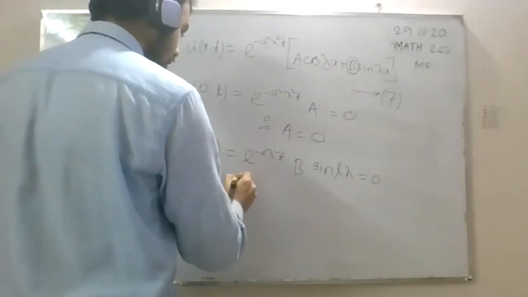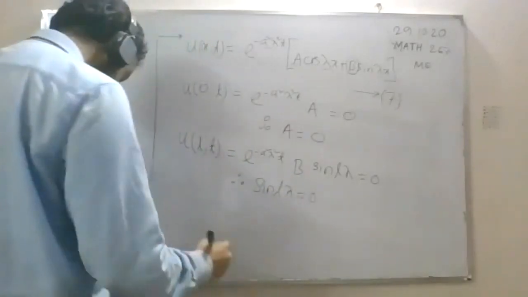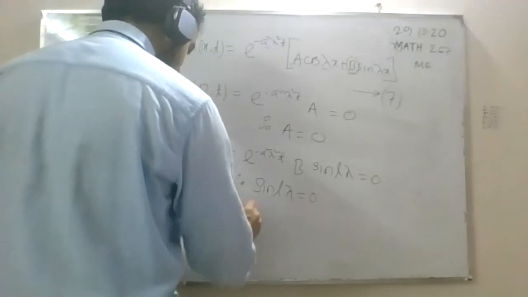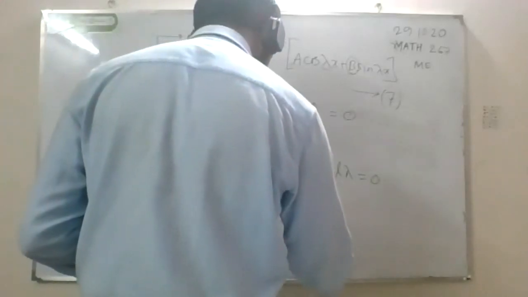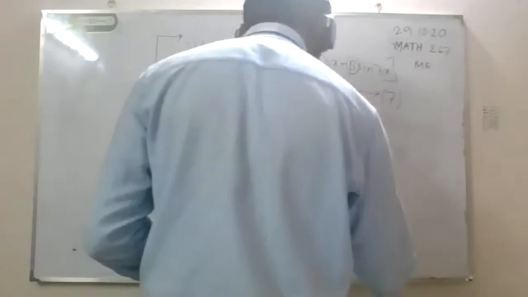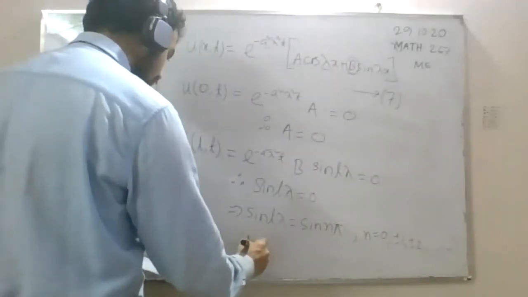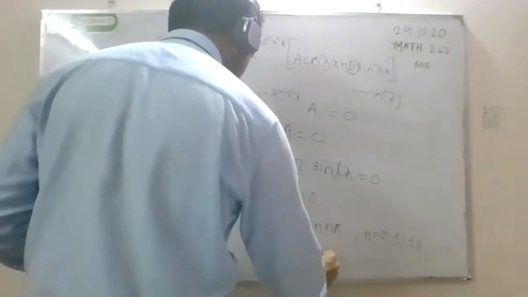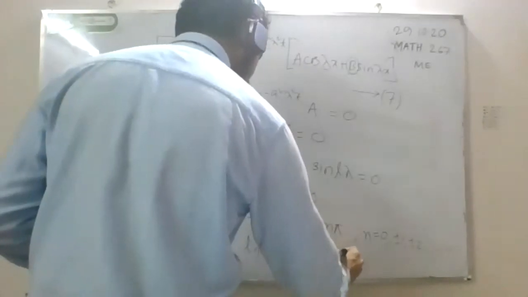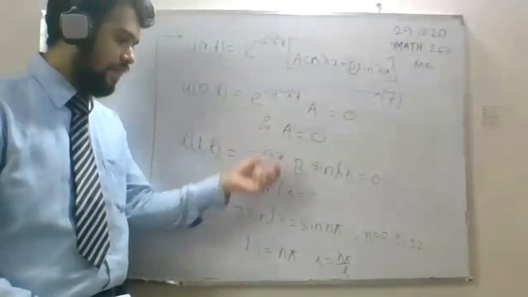So after that you can say that sin L lambda equals sin n pi, where n equals 0, plus minus 1, plus minus 2, etc. From there, L lambda equals n pi, and lambda equals n pi by L. So here are your values of a and lambda.